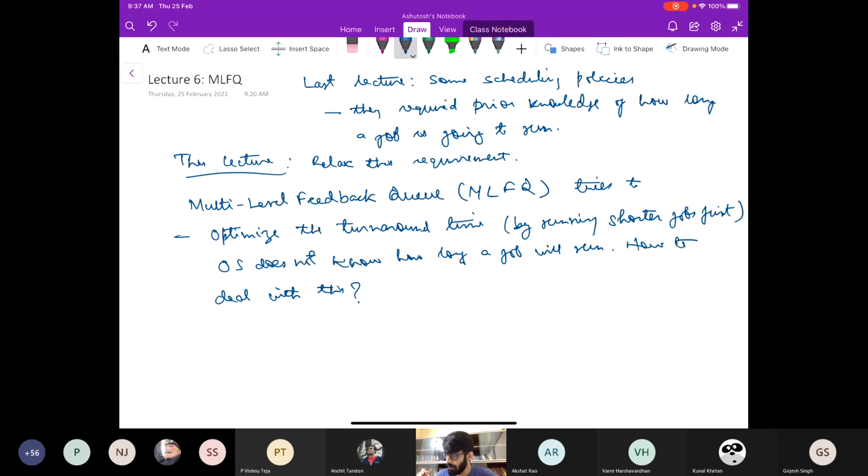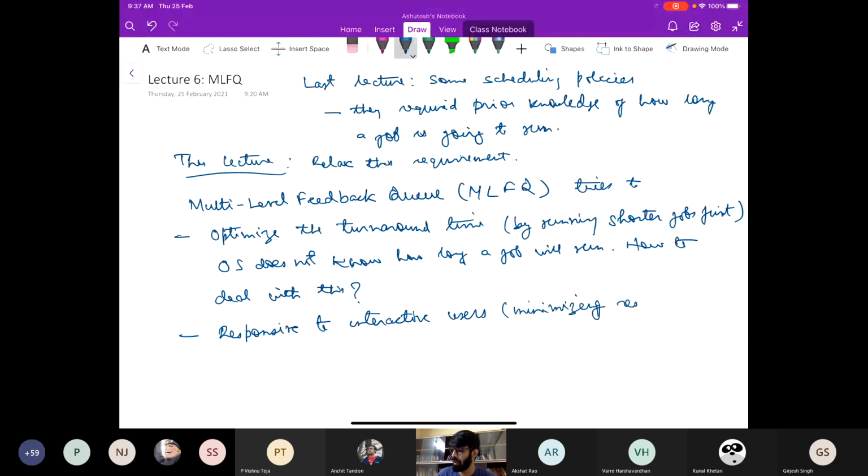Okay, good. So I was saying that the MLFQ tries to optimize the turnaround time, and it somehow wants to run the shorter jobs first, but the OS does not know how long a job will run, so how to deal with this. And the second is that it should be responsive to interactive users, right? Which is also minimizing response time.